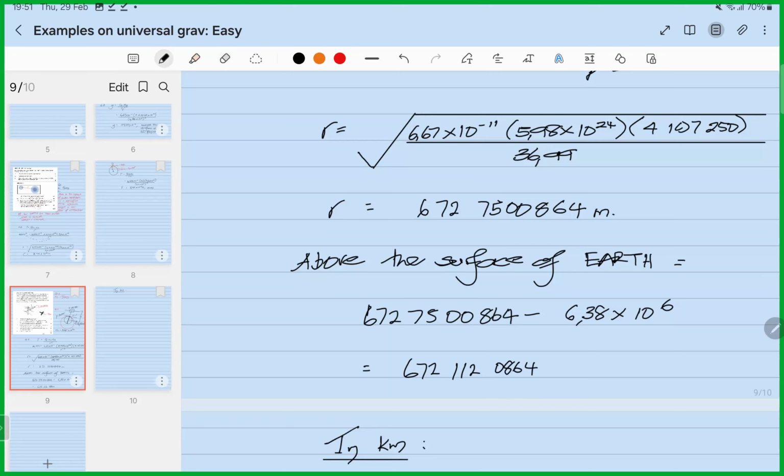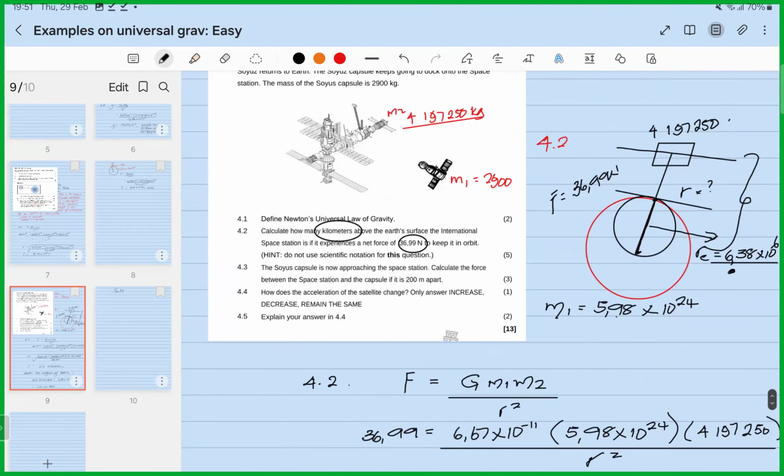You still won't get the same answer they got. We got a ridiculously large number. I'm just going to leave this there because these values are really, really very large. So let's go on.